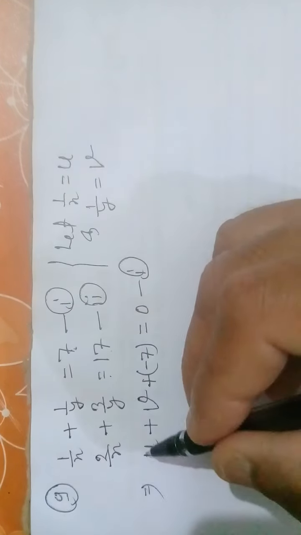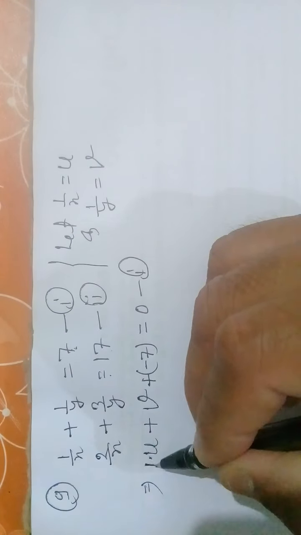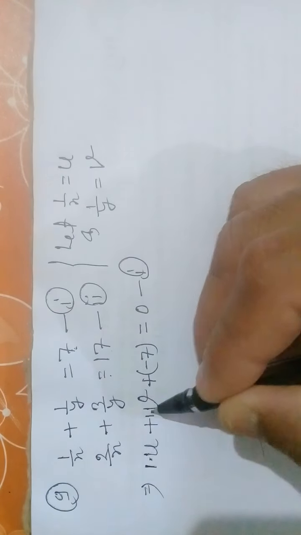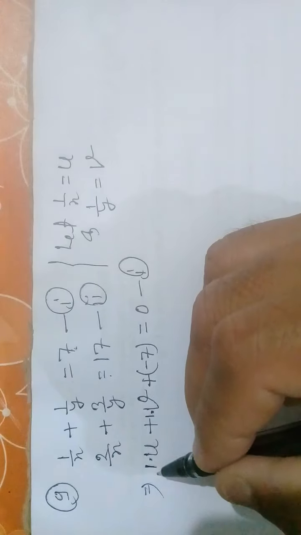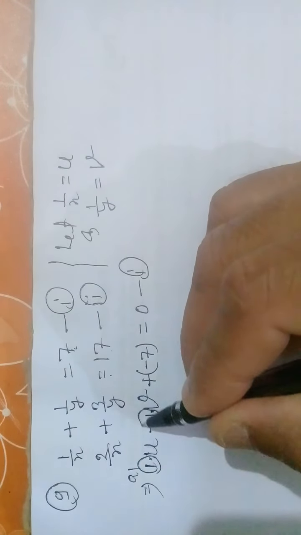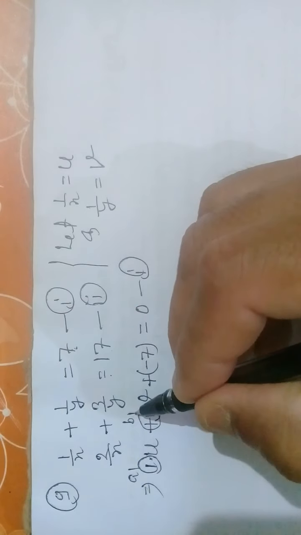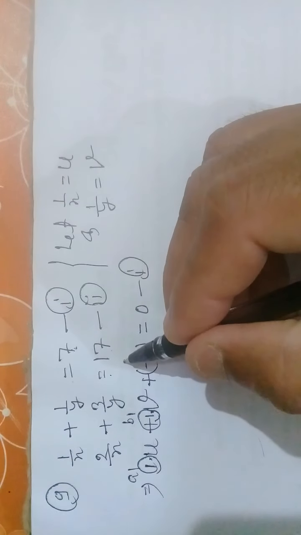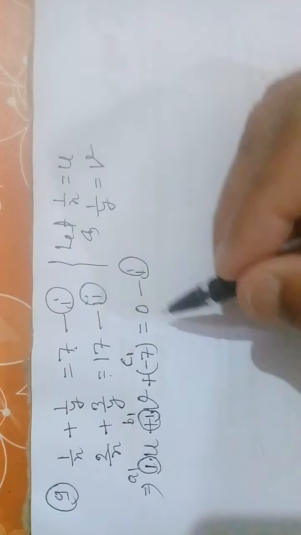Equation 1: here 1 is the coefficient, in the second also 1 is the coefficient. The value of a1 is 1, value of b1 is 1, value of c1 is -7.